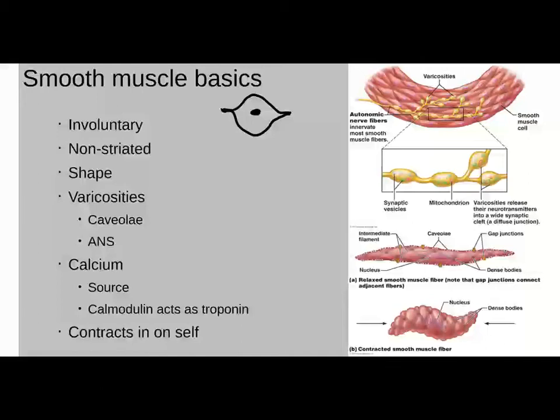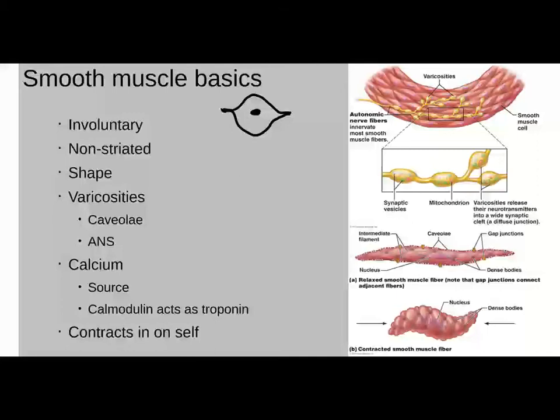Maybe a little bit of calcium might be released from the sarcoplasmic reticulum, but we don't really talk about that calcium. In smooth muscle, the vast majority of calcium actually comes in from outside in response to those action potentials from the autonomic nervous system.